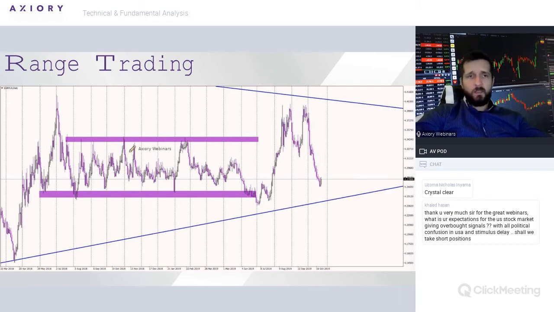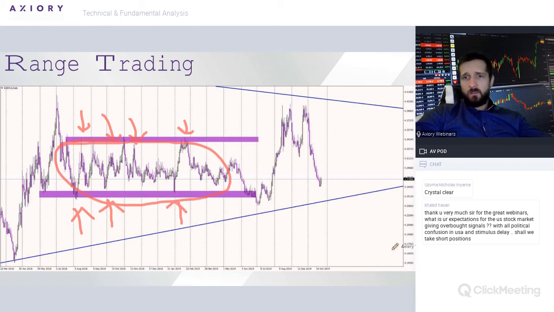For example, here for a long time we had trading in the range. The easiest way to trade in the range is to sell on the resistance many times, and buy on the support. It's what makes sense.